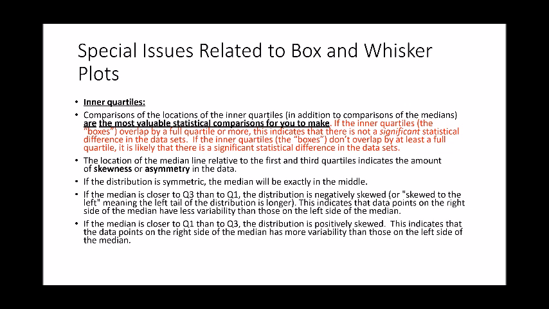A couple more special issues related to box and whisker plots. When you're comparing two different box and whisker plots, one thing to look at is the location of the interquartile ranges.